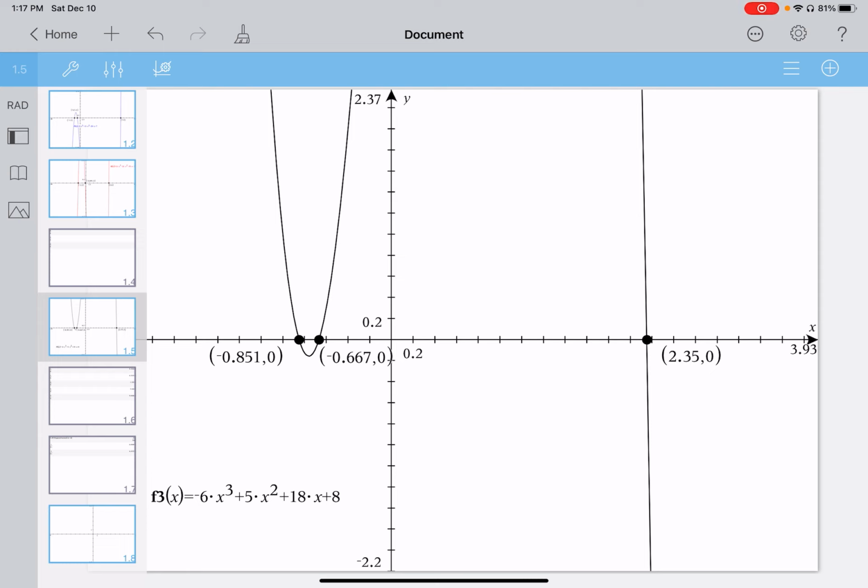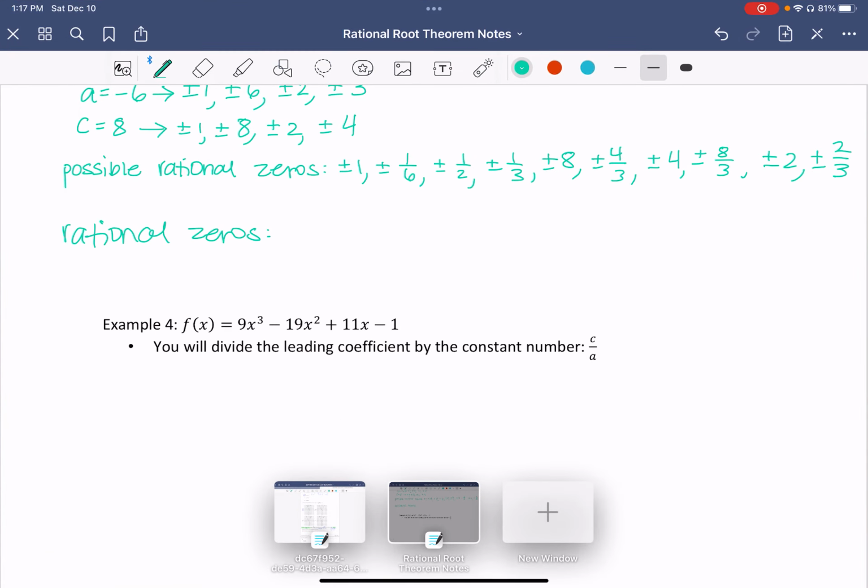So we went through all the fractions. Obviously, these are not whole numbers, so it's not going to be the whole numbers, which are 1, 8, 4, 2. Those are not on here at all. So that's why I was only testing what the fractions were as decimals, and the only fraction that showed up was the 2/3, which is equal to negative 0.667. So even though there were 3 total roots here, we're only going to select the one that's in our possible list of zeros, which was the negative 2/3.